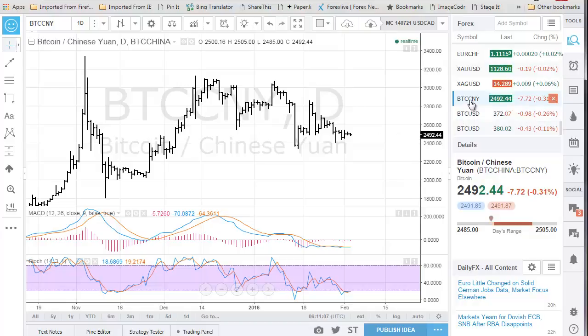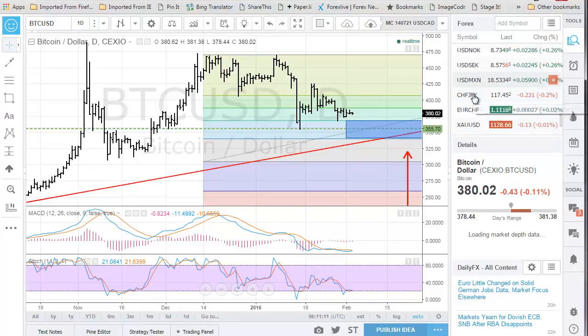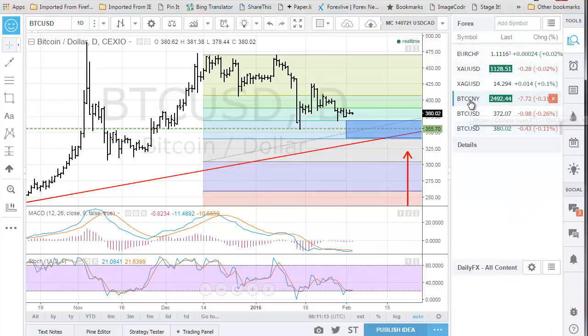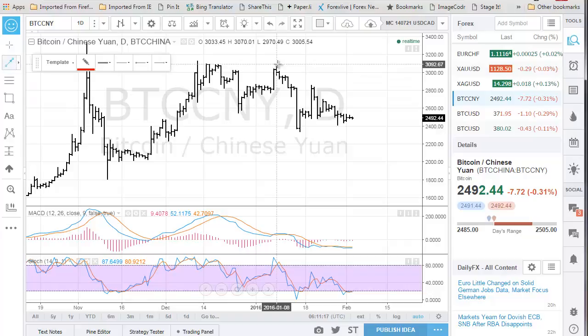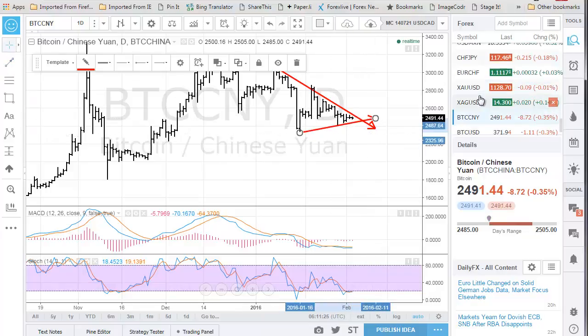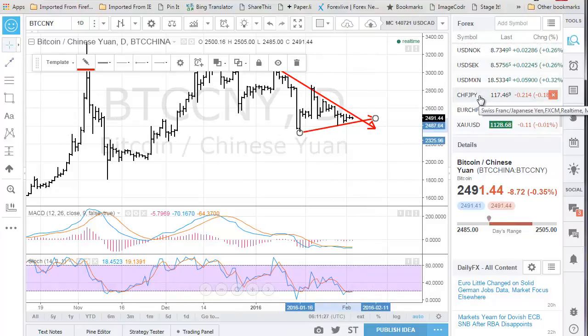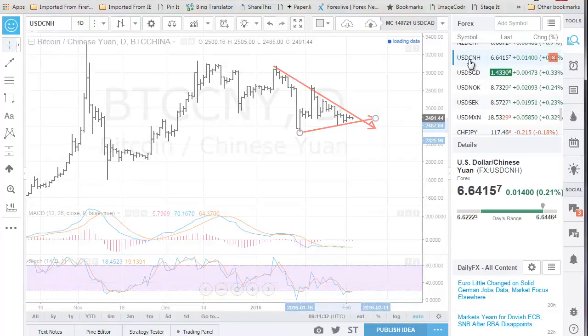Sorry, I'm looking at the wrong chart. No wonder it's not going to work. I'm looking at the Bitcoin against the China chart. Well, let's just pop back to that, because what we see here is exactly the same situation. This is the Bitcoin against the Chinese currency. What I was wanting to look at was the US dollar against the Chinese currency.